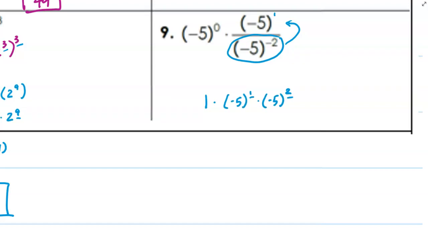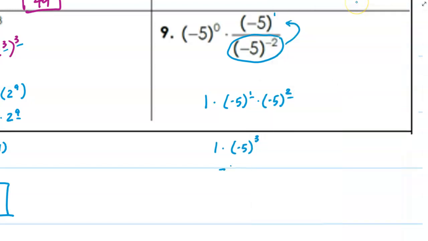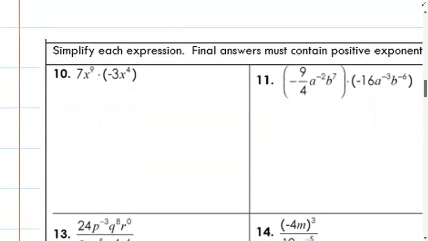So we add the two exponents. So 1 times negative 5 to the third. 5 times 5 is 25. 25 times 5 is 125, I think. 5 to the third. So negative 125. Voila! Good job, guys.